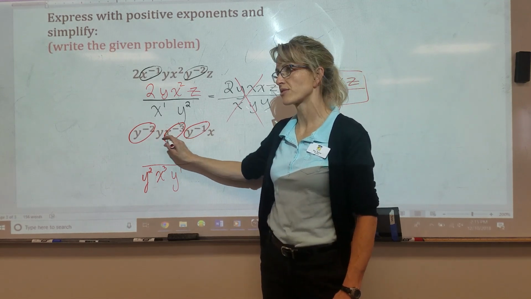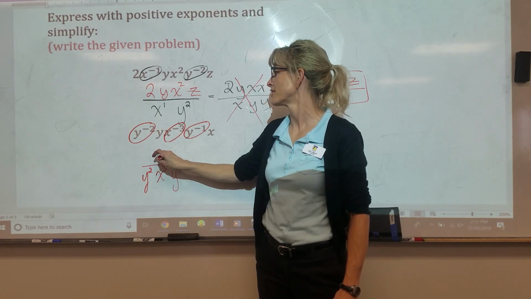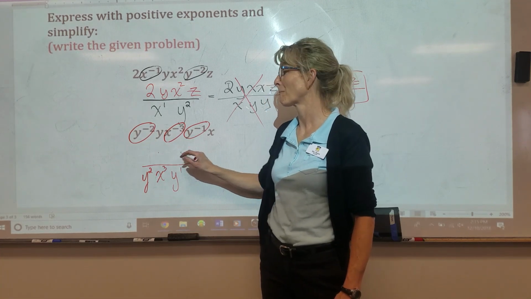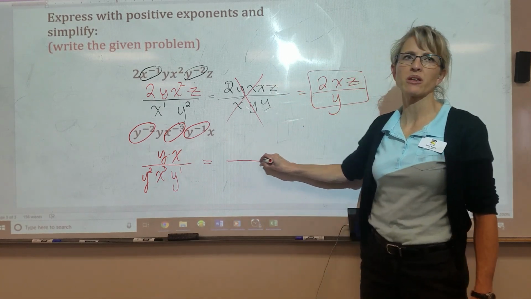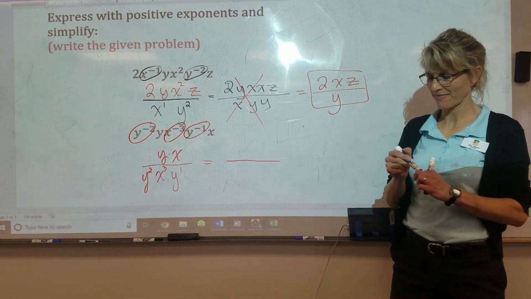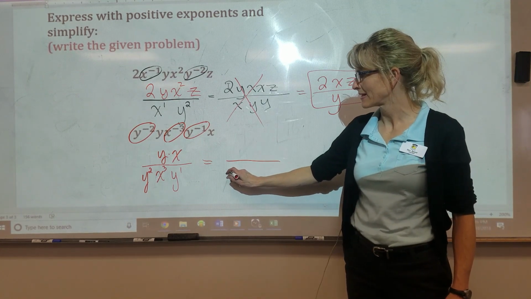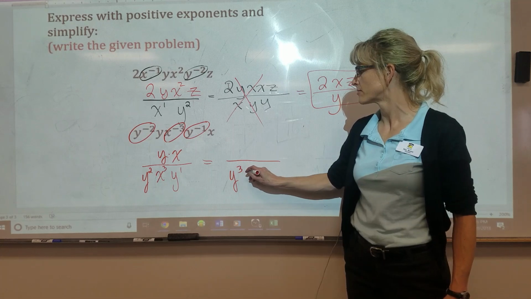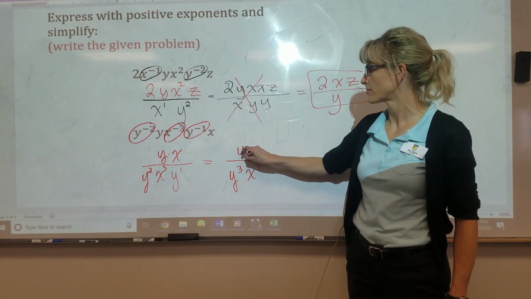Then the top goes, and then you would add them together. And then the top goes y and x over. Y and X, okay? What would my next step be? Hannah. So on the bottom, you do y to the third, and then x to the third, and on the top would be y x.